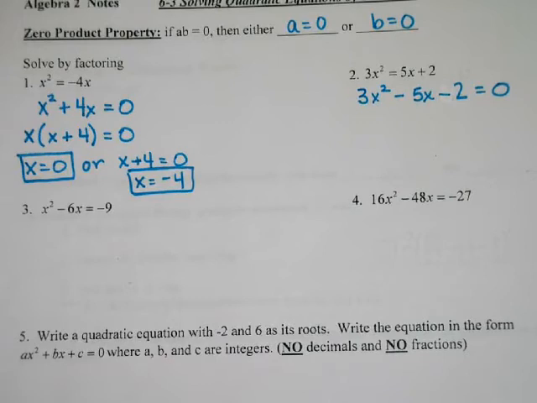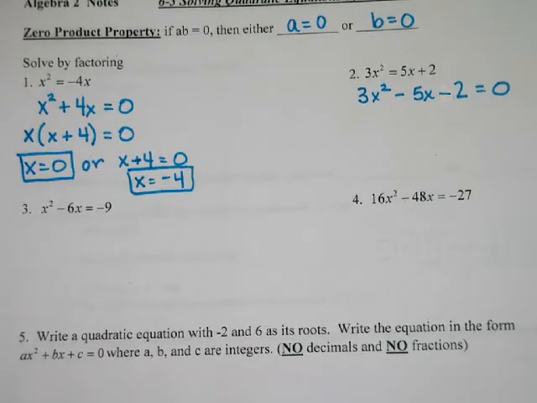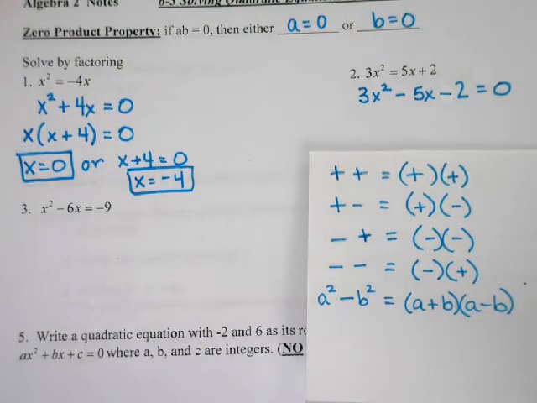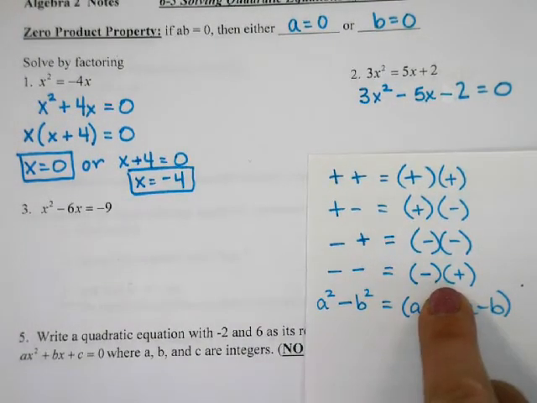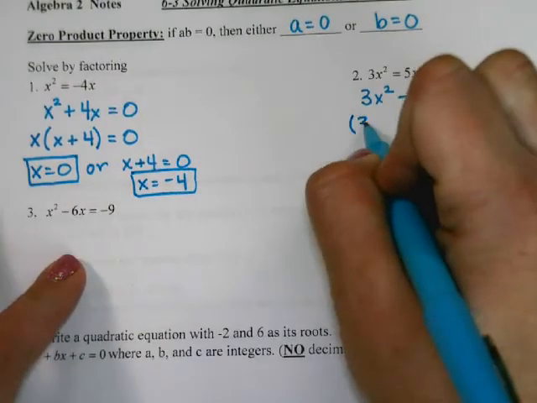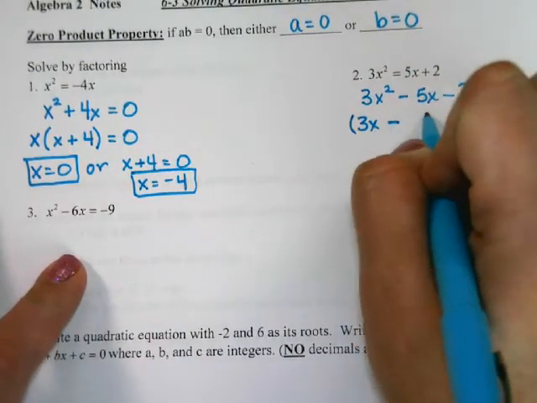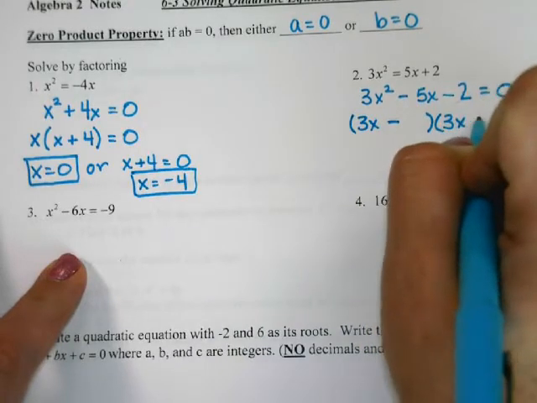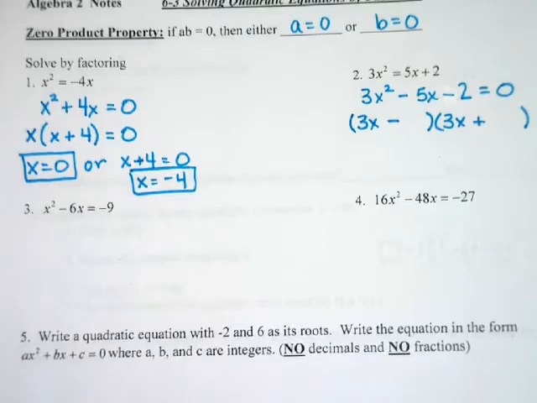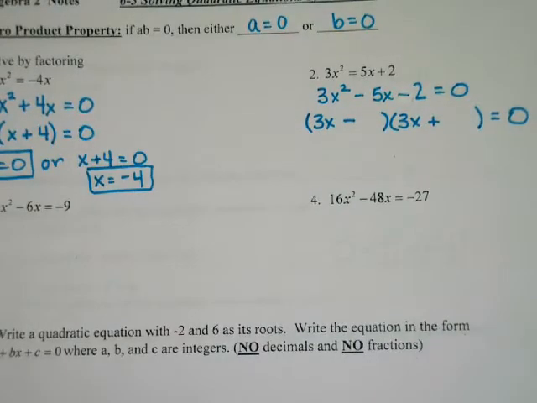Okay, now what do? What are my signs going to be? Minus plus, okay. I also have a coefficient out front, so I need to put a 3x minus, 3x plus. Let's do our magic x.